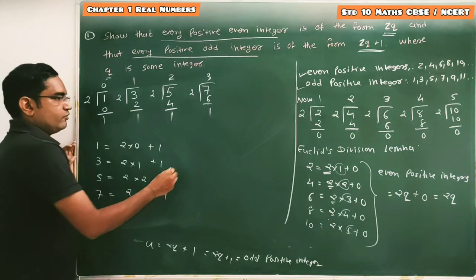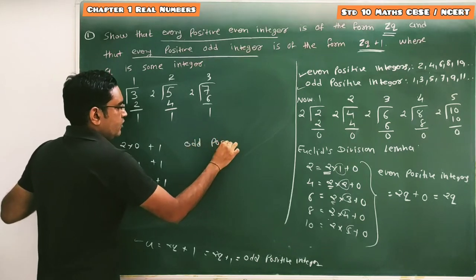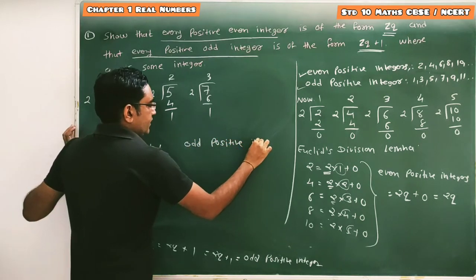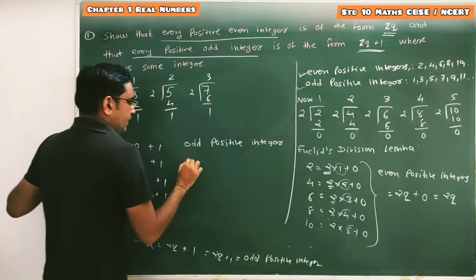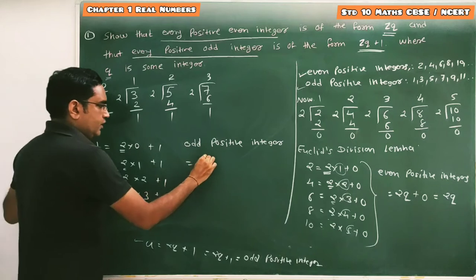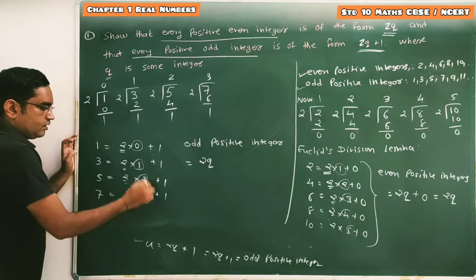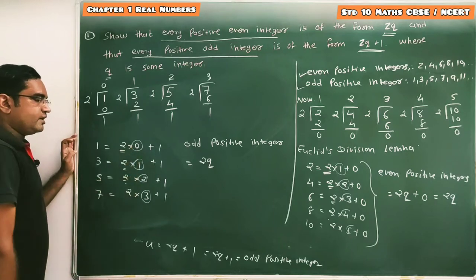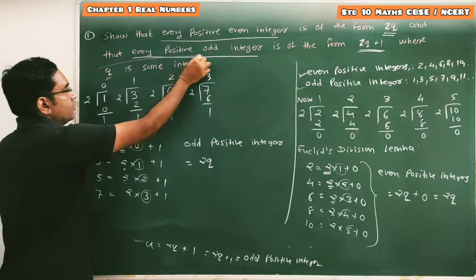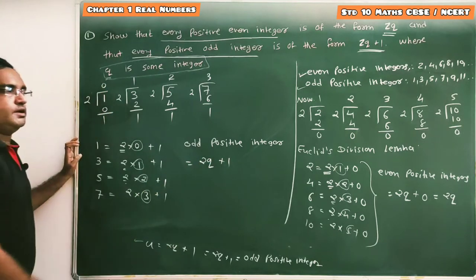So we can say any odd positive integer can be written in the form of 2q plus 1, where q is some integer. Clear?